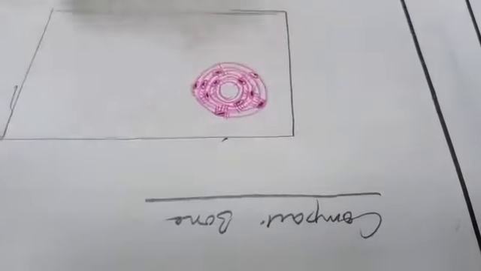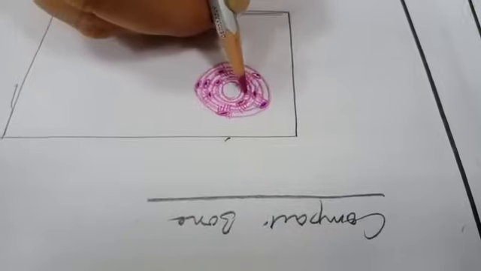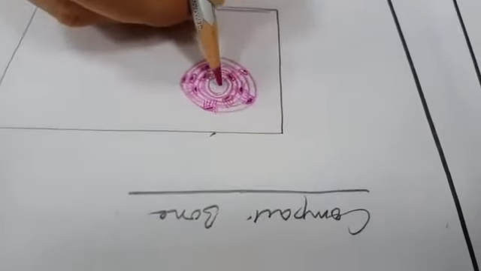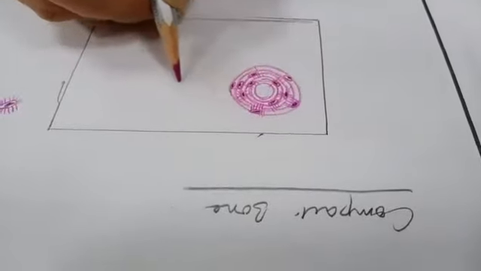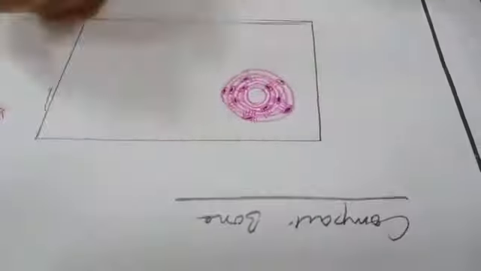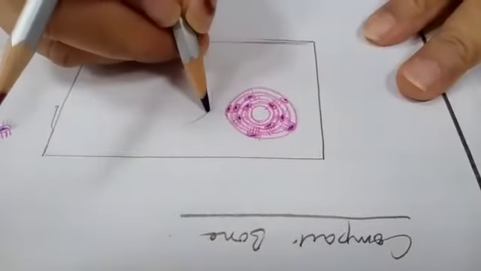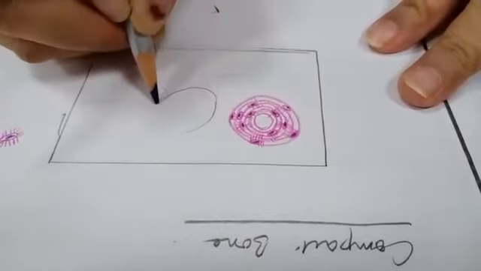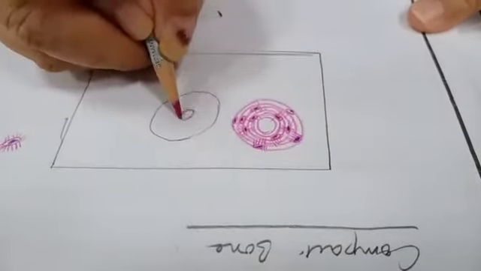and on this side at least there should be 5 Haversian lamellae around the Haversian canal. 1, 2, 3, 4, 5 I have drawn. Similarly, you can draw another osteon here. Just give the boundary of this osteon, and here you can draw central Haversian canal.